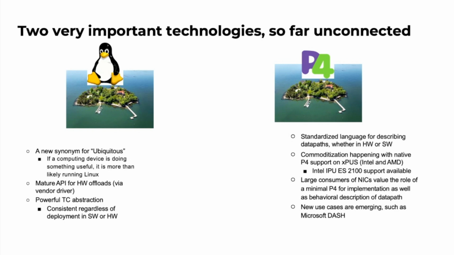It has a mature API for hardware offloads through vendor drivers. There's switchdev, TC, there's a lot of that. The TC abstraction is definitely powerful, and with TC, what we were able to do with our project, and I'm sure some of the other hardware vendors have also been able to do this, is because of the consistency of the abstraction, one is able to build a digital twin.